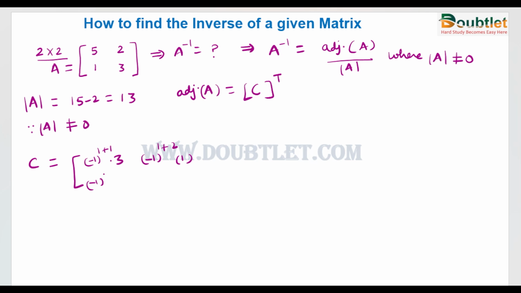This is minus 1 to the power 2 plus 1, because second row first column, multiply by 2, minus 1 to the power 2 plus 2 multiply by 5. So this is the cofactor matrix, and if we solve this, we will get 3, minus 1, minus 2 and 5.